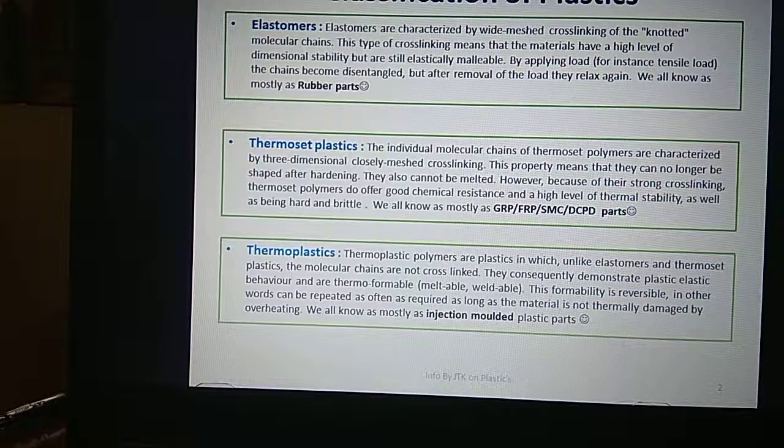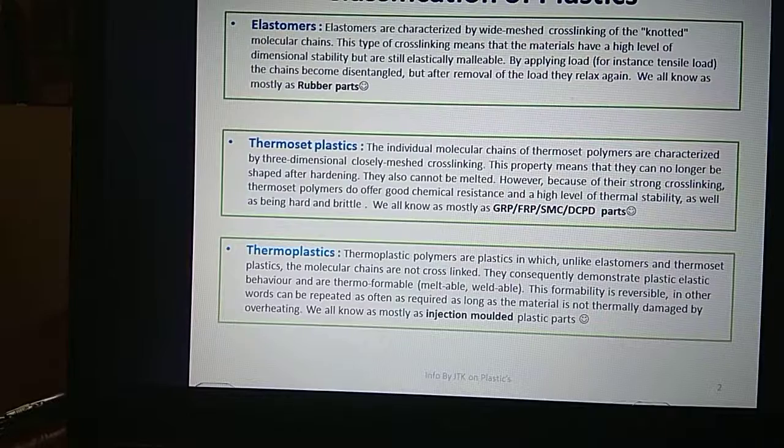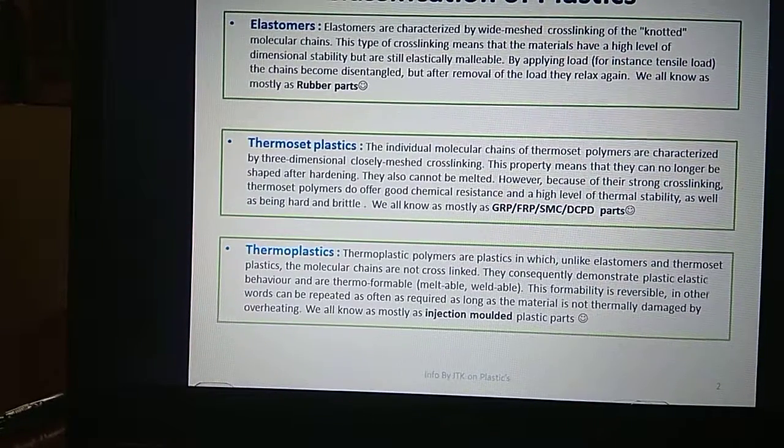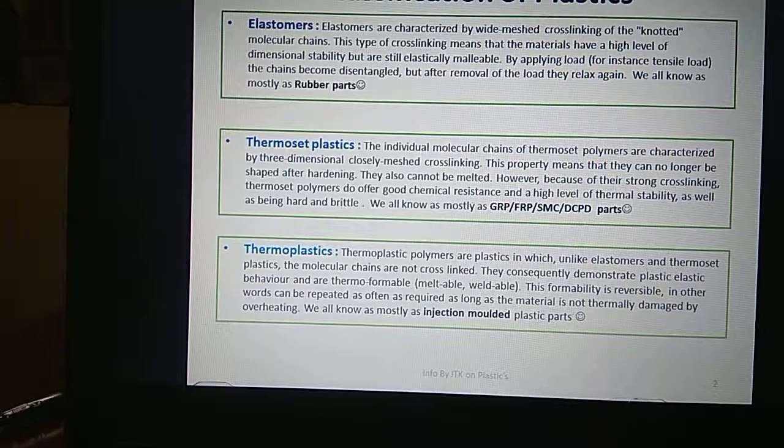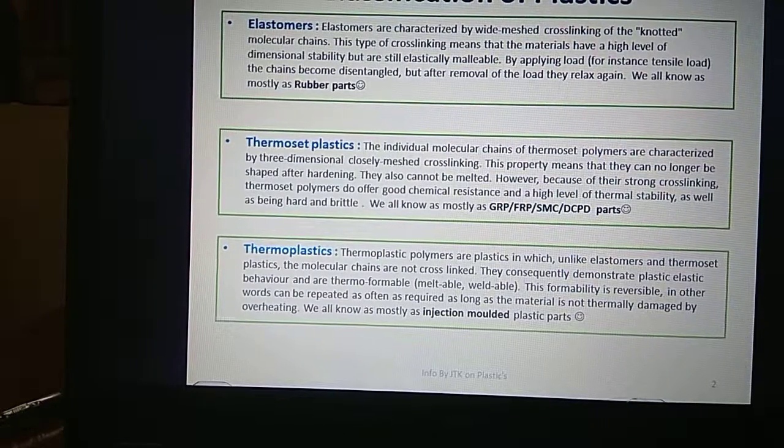By applying a load, these chains become disoriented, but when you remove the load and relax them, they come back to the original state. We all know them: elastomers are mostly rubber and rubber parts.